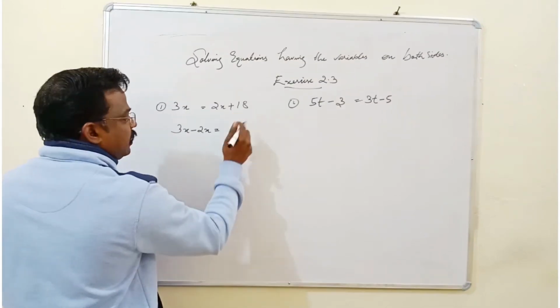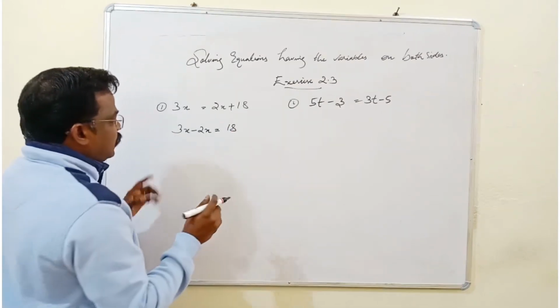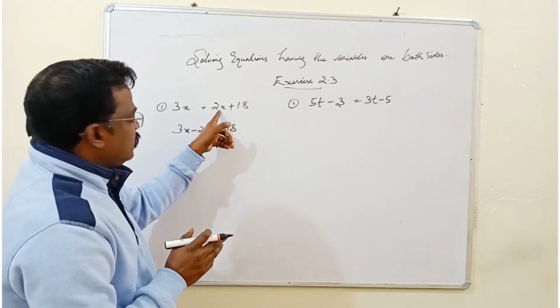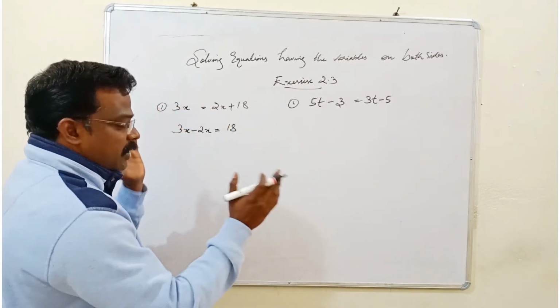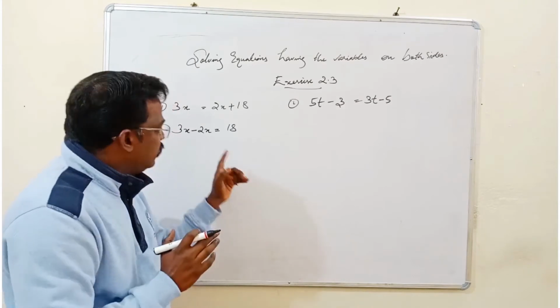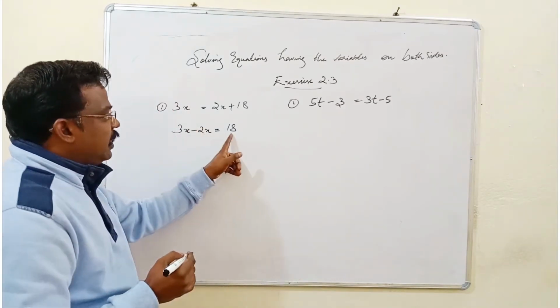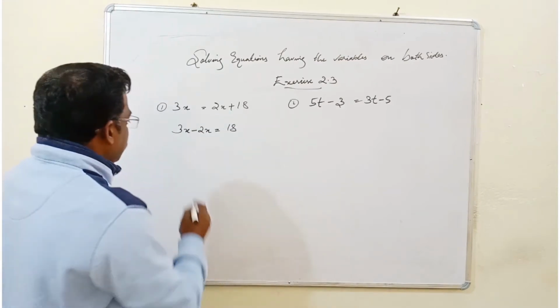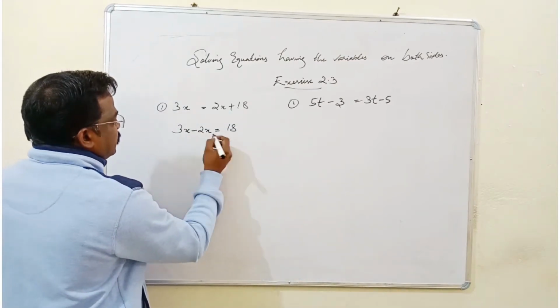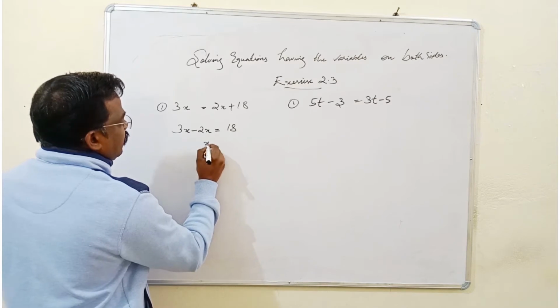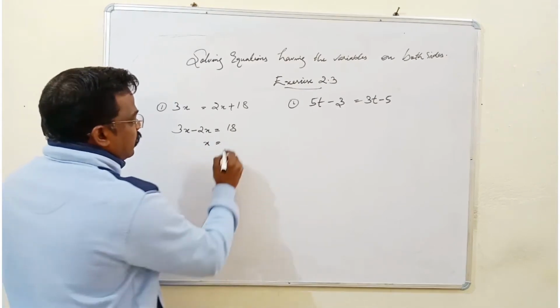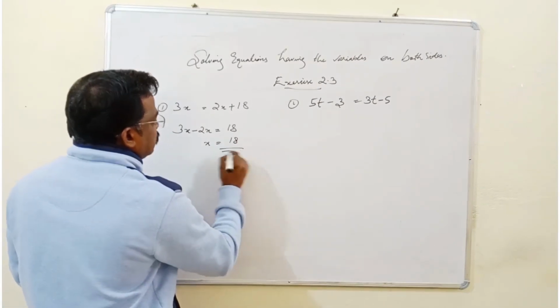Then what will remain here? 18. So the first step was to bring this 2x to this side, that means we are bringing the x terms together. So 3x minus 2x equals 18. So 3x minus 2x equals 1x, that is x equals 18.